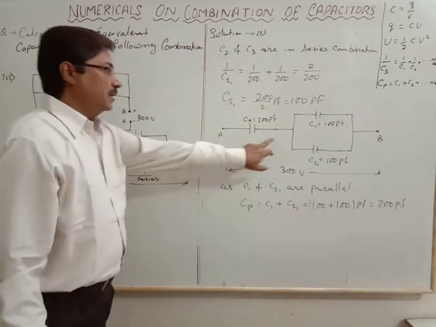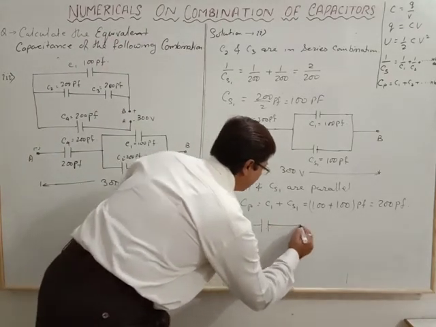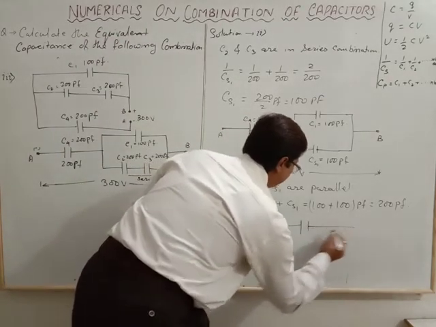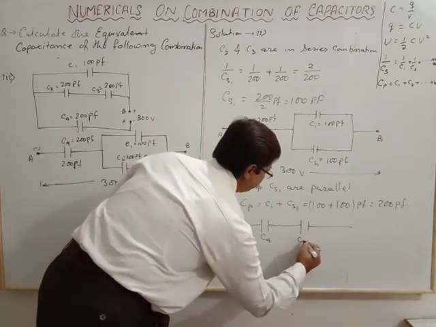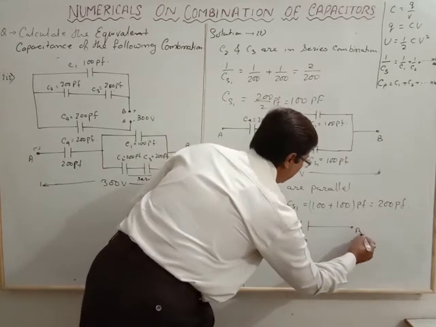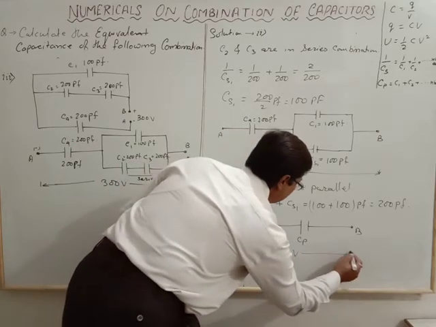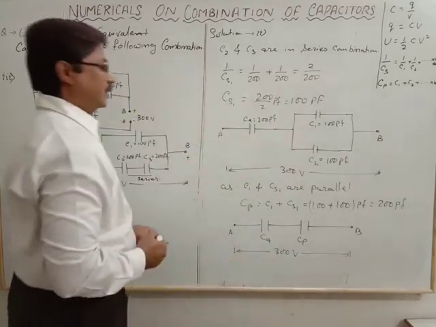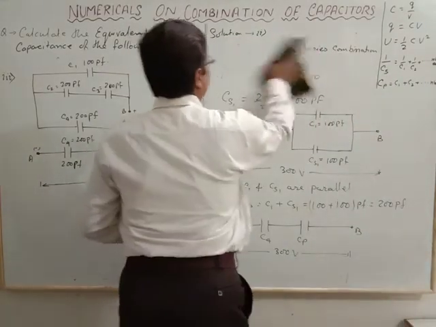Now the circuit appears like this. Here it is C4 and here it is CP from A and B. The potential in between is 300 volt. So these two are in series combination.